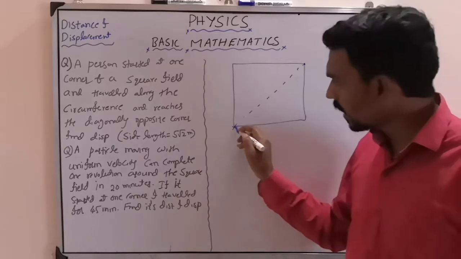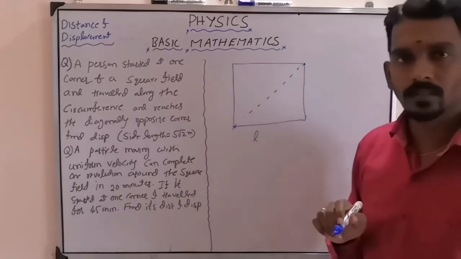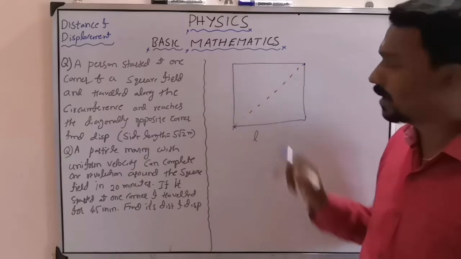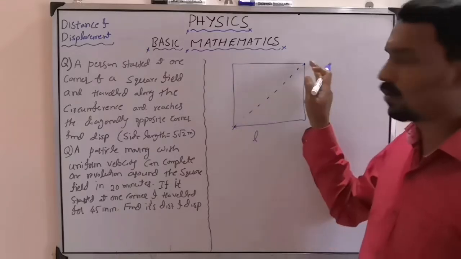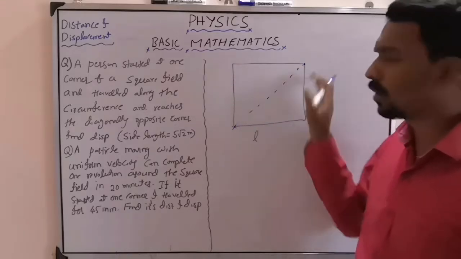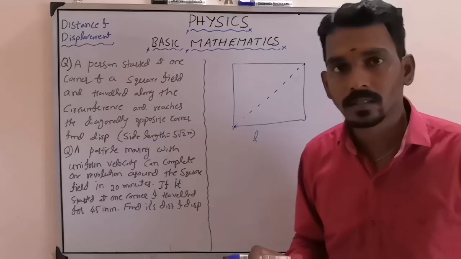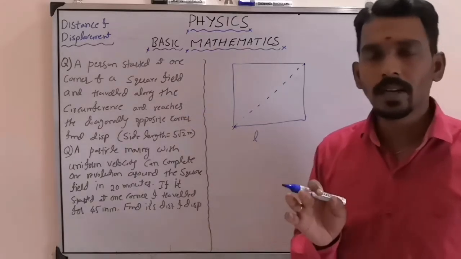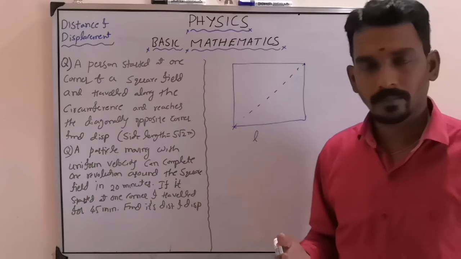Now, started here, ended here. It doesn't matter which path he has taken, whether he went directly here, or took one more round, or took 3 rounds, 4 rounds, it doesn't matter, because they are not asking about the distance. So don't think about it.